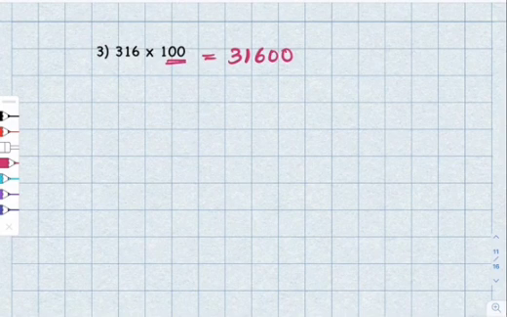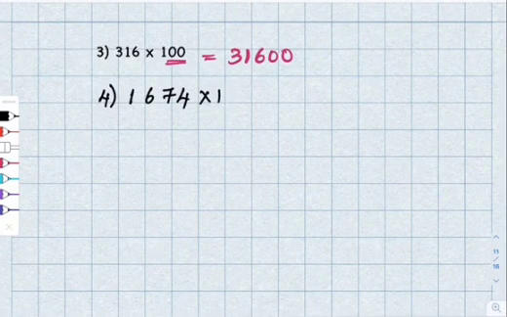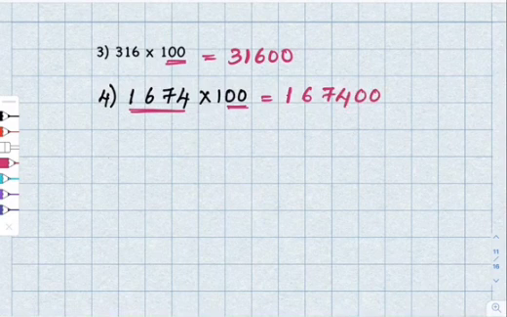Understood, children? Now similarly, we can have a few more problems. Now for example, 1674 into 100. You would get an answer 16740.